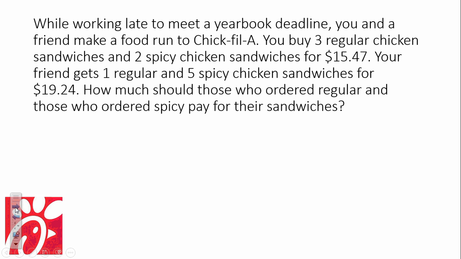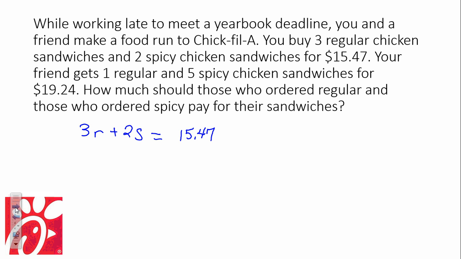How would we set it up? R and S again. Regular for R and S for spicy. So the first time you and a friend went, you bought 3 regular and 2 spicy, and they were $15.47.